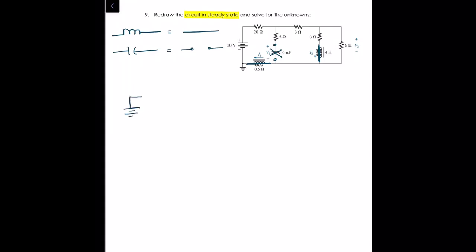So as I redraw, there's my open circuit and my wire for my first inductor.